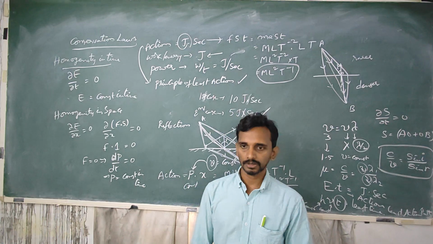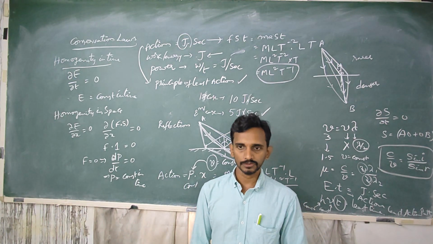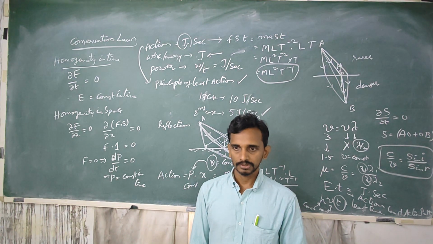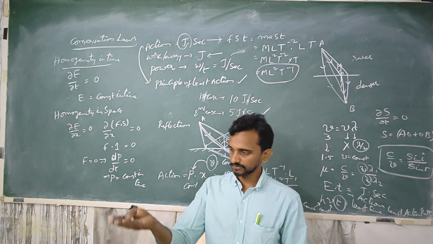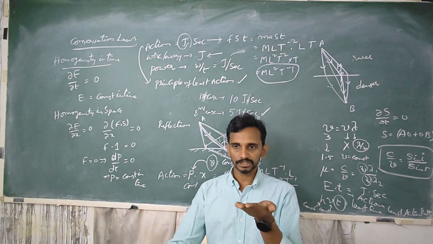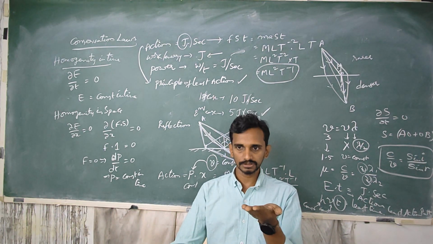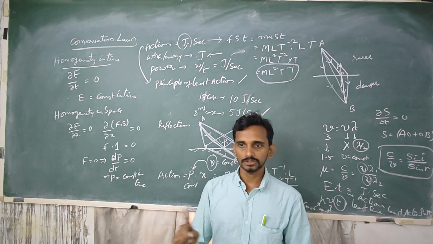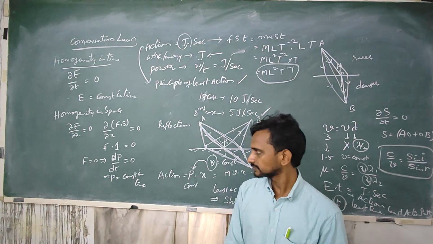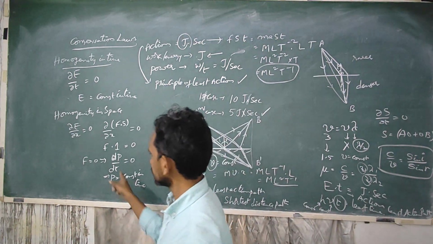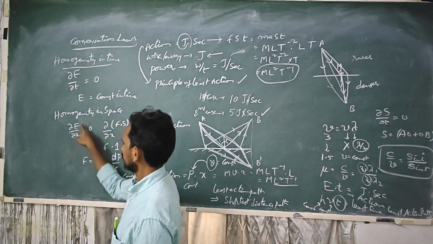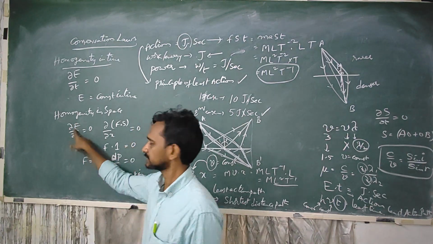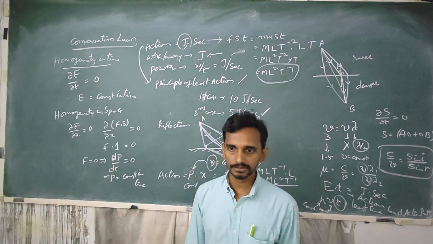So what is the control parameter for force? Who generates force? Difference in potentials. If at this point and this point there is a potential difference, an energy difference, then only there will be a force from high potential to low potential. Otherwise, if every location in space has the same energy, what happens?